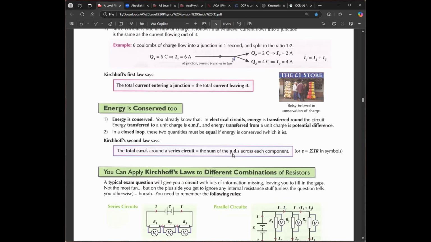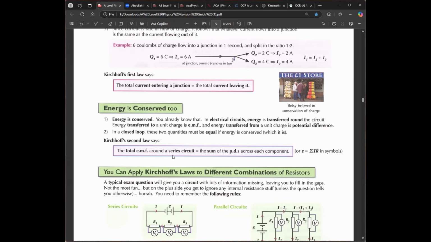If the battery provides 6 volt EMF, let's say 1 volt was consumed by the internal resistance, then if you have two loads of the same resistance value connected to it, they will take 2.5 volt each, and energy is totally conserved, because we're talking about potential difference. It's the same as energy per unit charge basically.